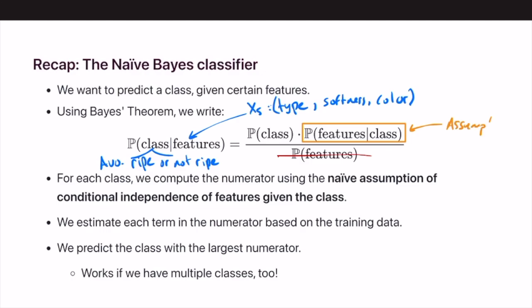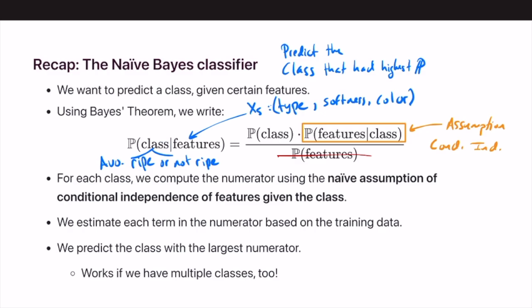The assumption was that this was conditionally independent, which allowed us to expand out that probability calculation and make it a lot easier. So ultimately, what we were trying to do was to predict the most likely class based on this right here.